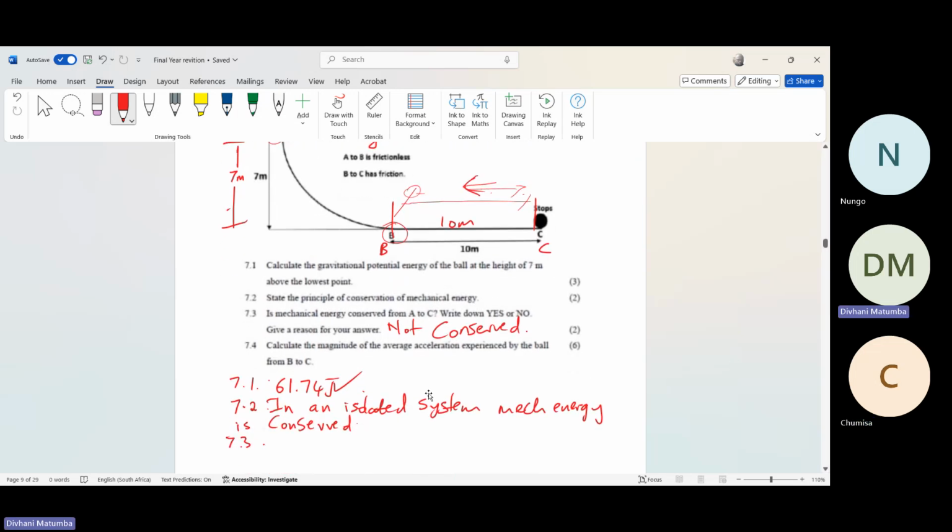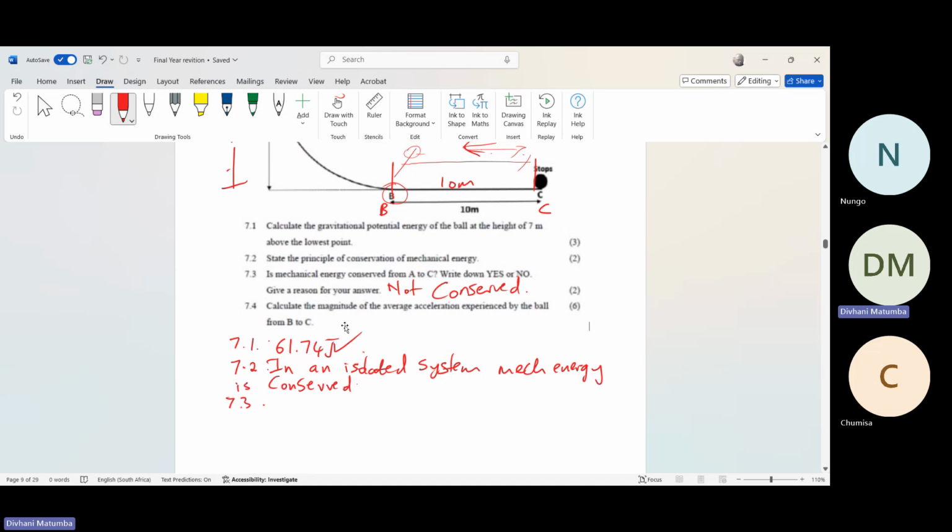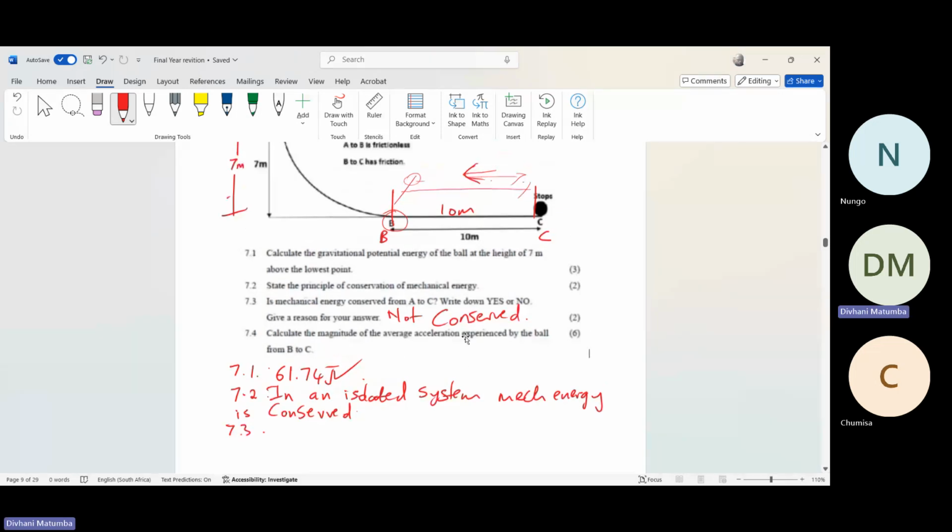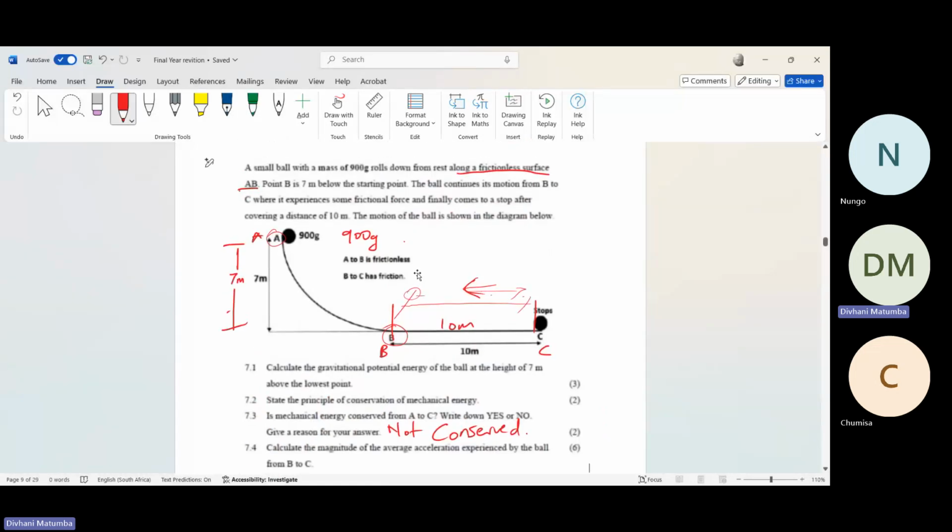Okay, now let us do the question together. Calculate the magnitude of average acceleration experienced by the ball from B to C. Okay, we were told that at point A, the ball was at rest, meaning the velocity was, how much was the velocity at point A? 0, perfect.